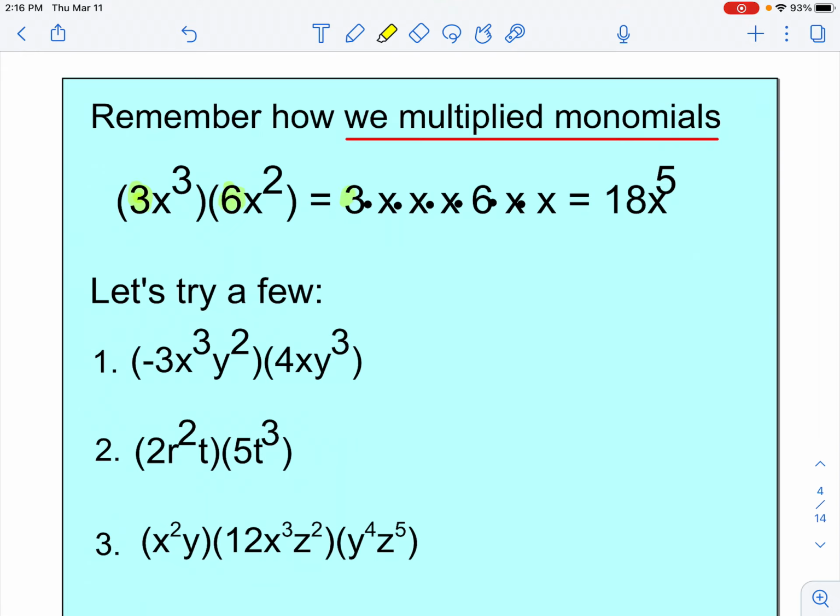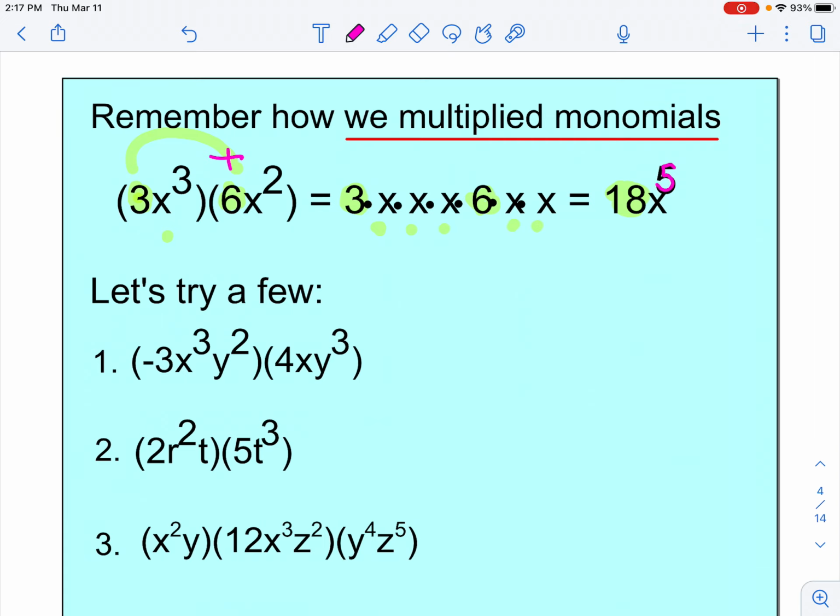If we wrote these out, we would have 3 times x times x times x, and then we'd have the 6 times 2 more x's. And so rather than writing it all out the long way, what we discovered is we can just multiply the two numbers together to get 18, and then again, we're going to be adding those exponents together to get the 5.